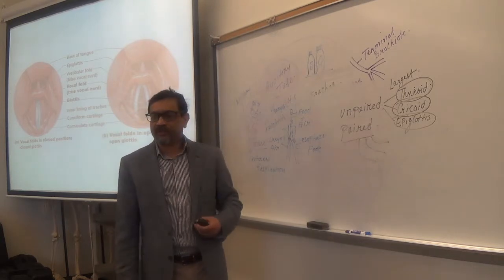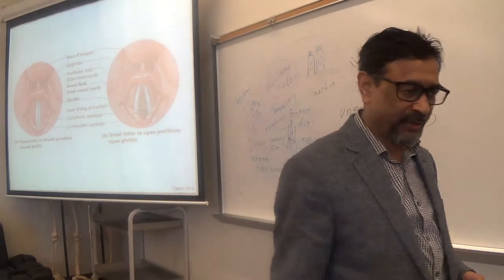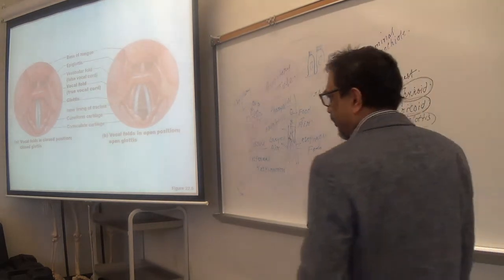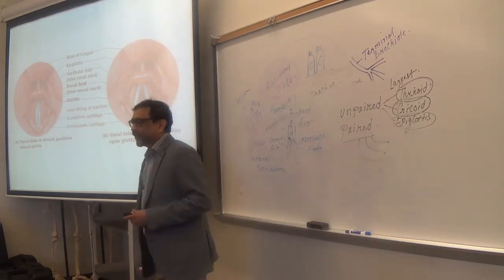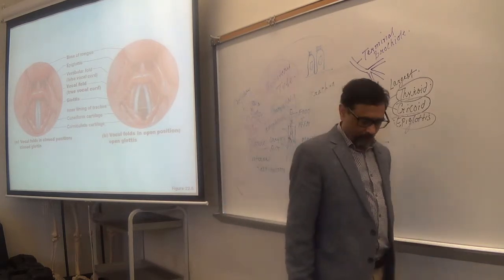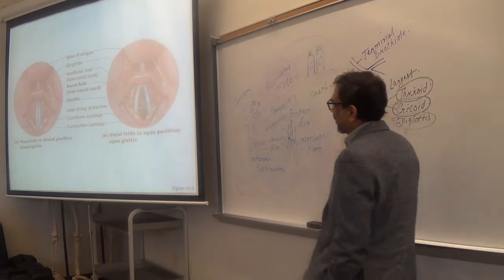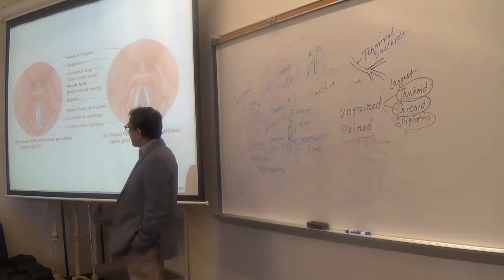Vocal cords are inside the larynx. That's why it is called the voice box. Vocal cords have to produce sound. There are two sets of vocal cords, true vocal cords and false vocal cords.